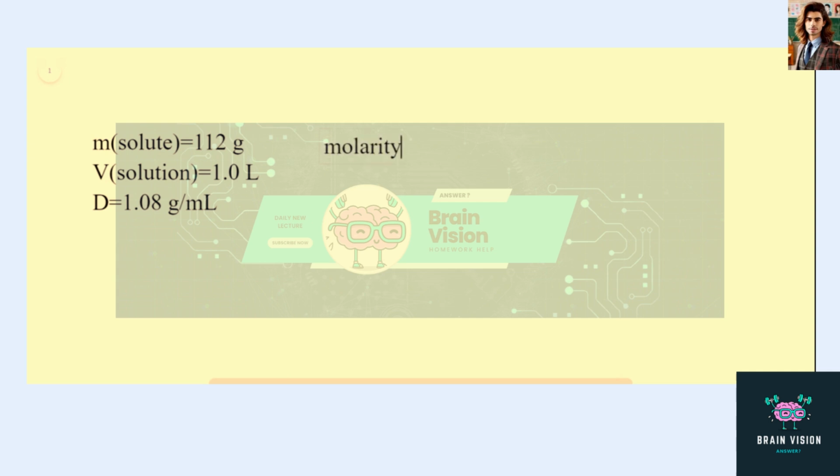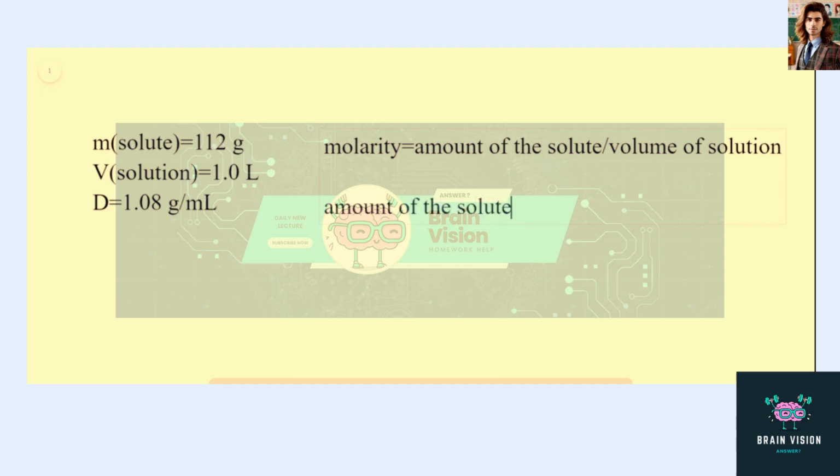We know that the molarity of a solution is defined as the amount of the solute in moles divided by the volume of the solution. The value that's still missing is the amount of the solute, but we know from previous problems that the amount of the solute equals the mass of the solute divided by the molar mass.